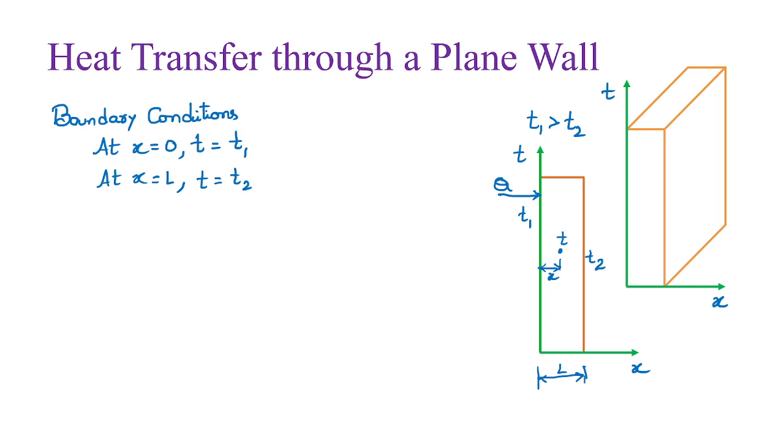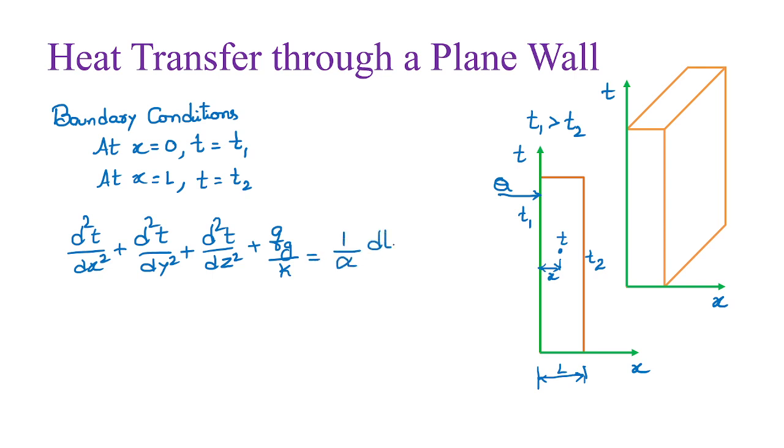In order to analyze all these three things, we need to take the fundamental equation, that is d square T by dx square plus d square T by dy square plus d square T by dz square plus qg by k is equal to 1 by alpha into dT by dt.